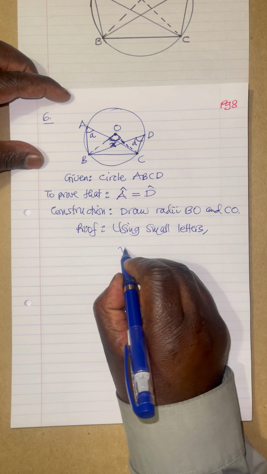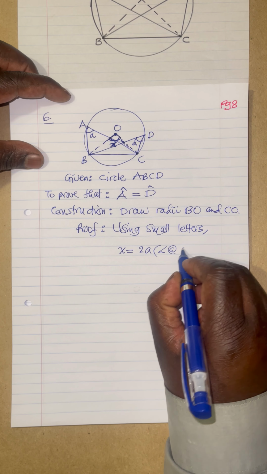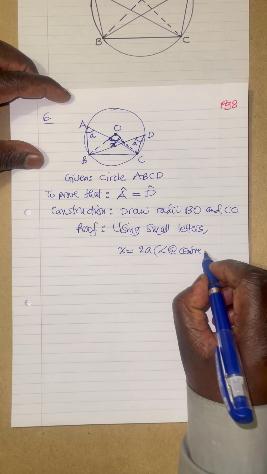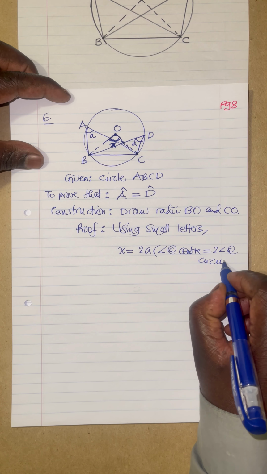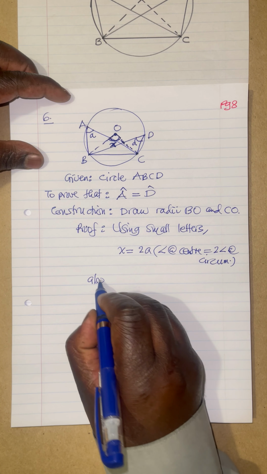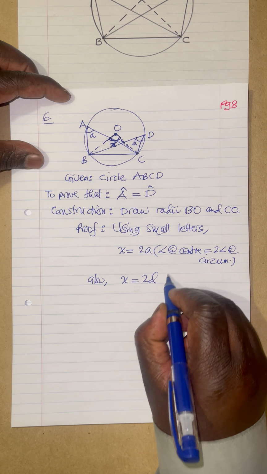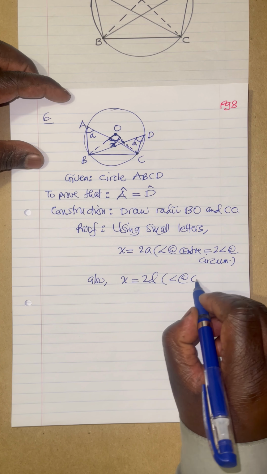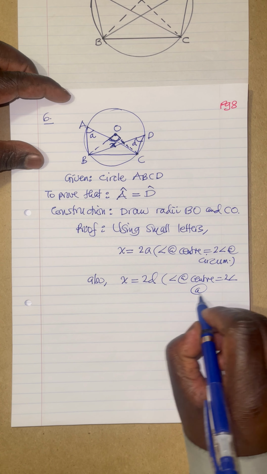I can say x equals twice A. Angle at center equals twice angle at circumference. Also, x is twice d. Same reason, angle at center twice angle at circumference.